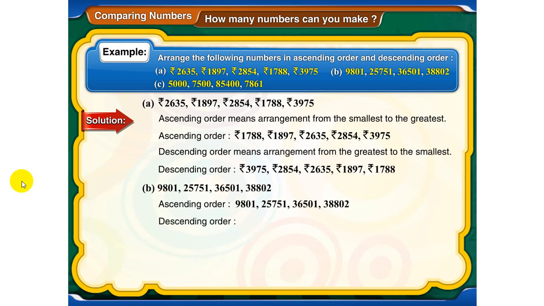Descending order: 38,802, 36,501, 25,751, 9,801.